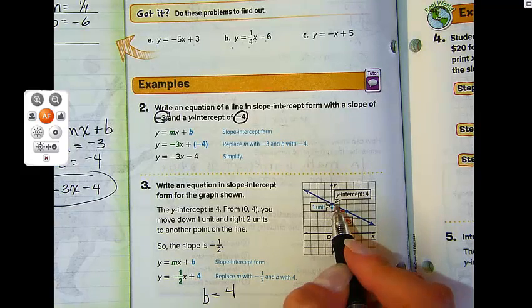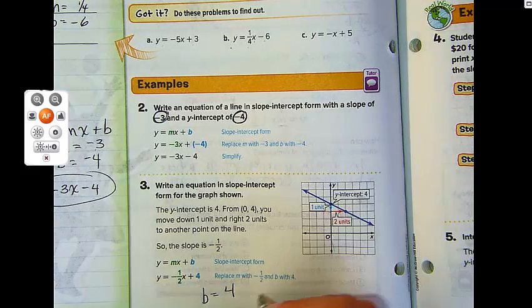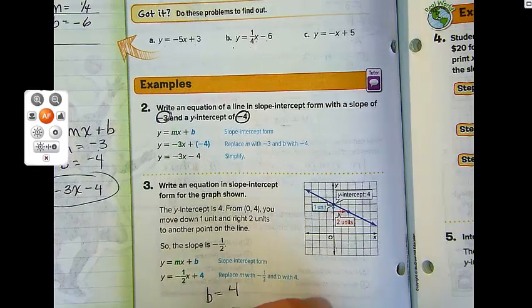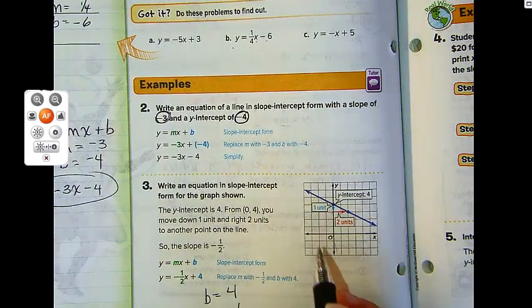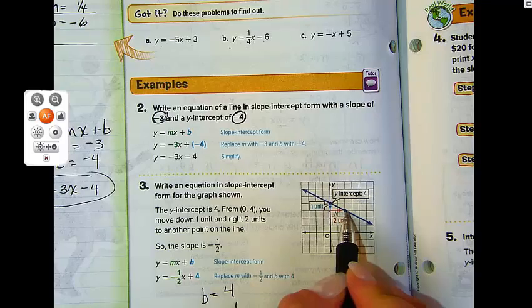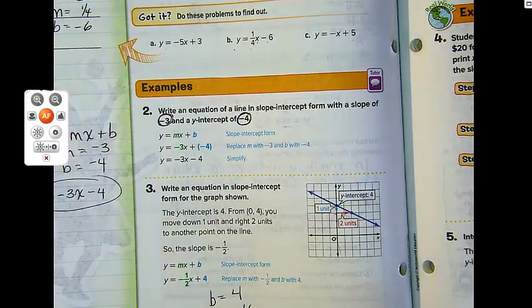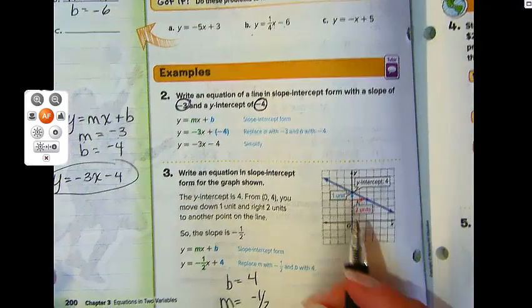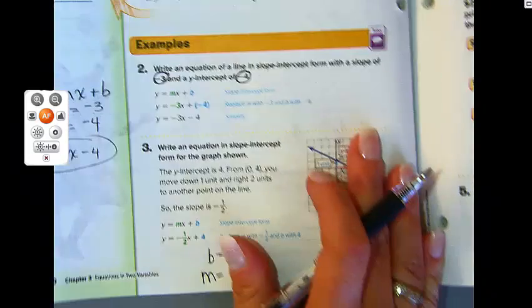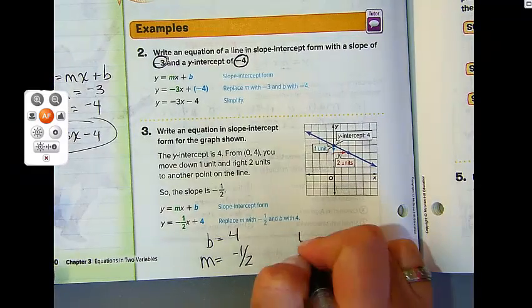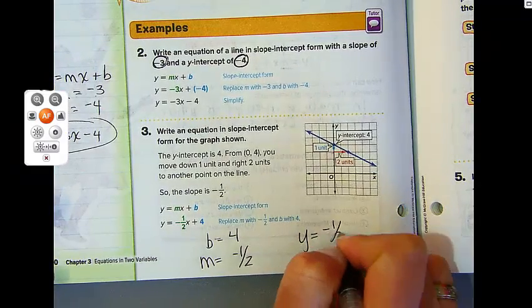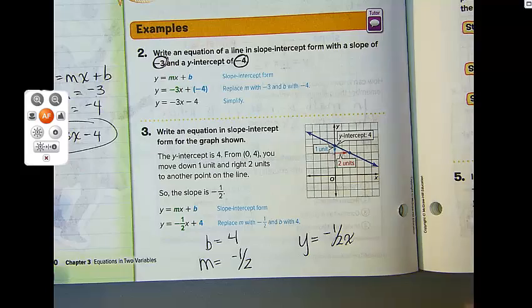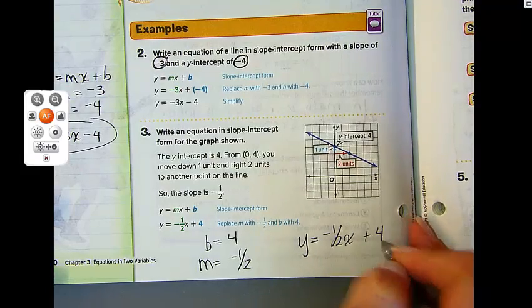I go down 1, so that's a negative 1. And I go over 2. So it's a negative 1 over 2. So my slope is a negative 1/2. My b is a 4. So if I rewrote that equation in slope-intercept form, y equals mx plus b, my m is a negative 1/2 and my b is a 4.